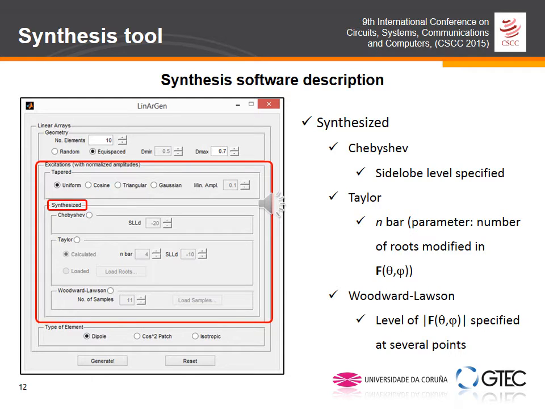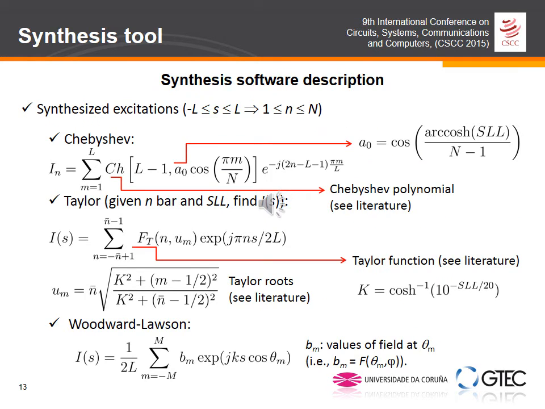It must be noticed that Chebyshev, Taylor, and WL are procedures designed for uniformly spaced elements, and not for randomly spatial distributions. Particularly, the currents used in such synthesized functions follow the expressions in the current slide. For further details, see the paper.